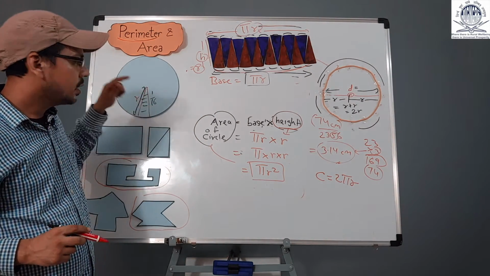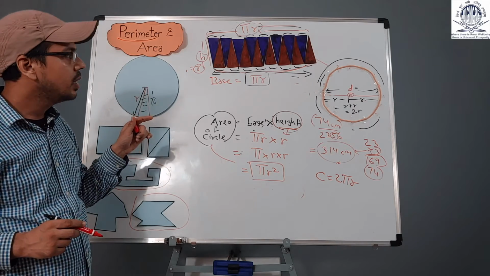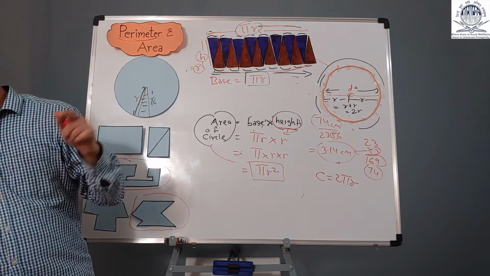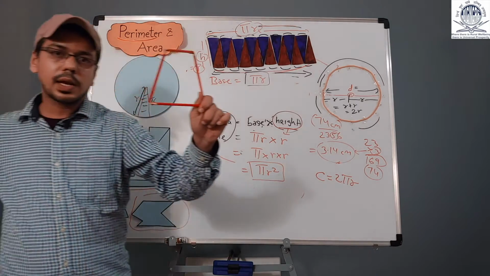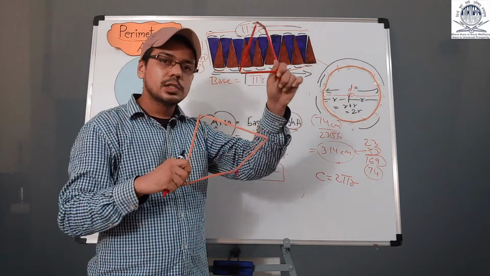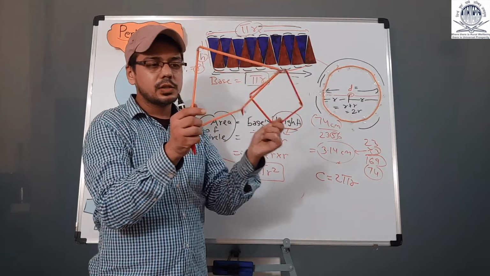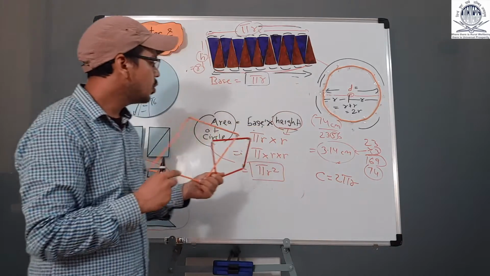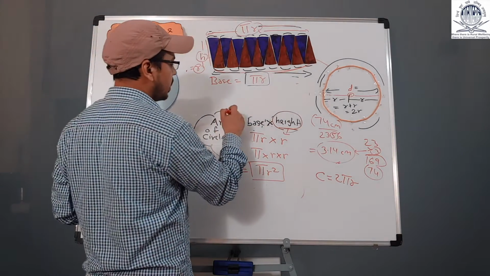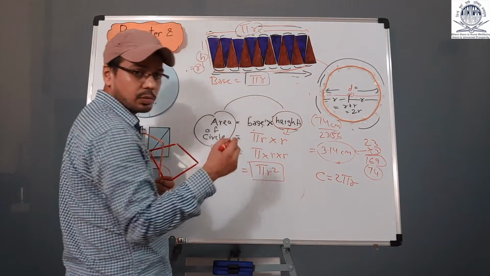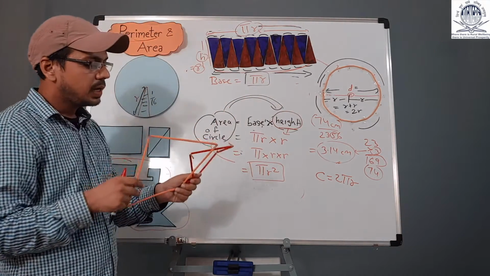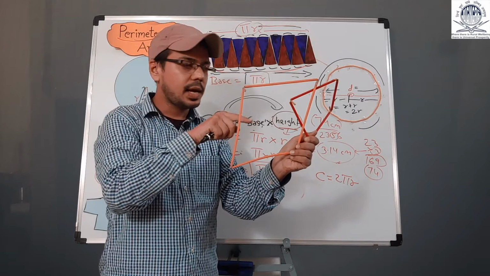So now what have we done? Just a little bit of recap: we initially started with figures like rectangles and squares. We understood that when their angle changes, they change into parallelograms, but they do have the basic formula of area as base into height, and perimeter is nothing but the sum of all the sides.